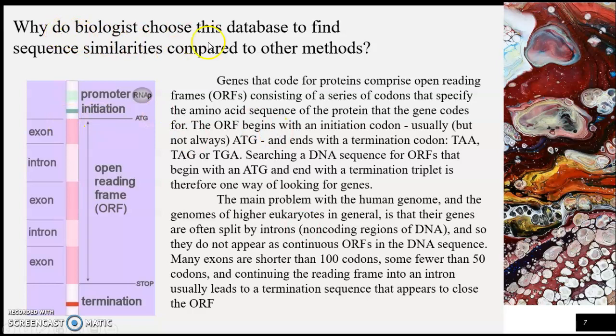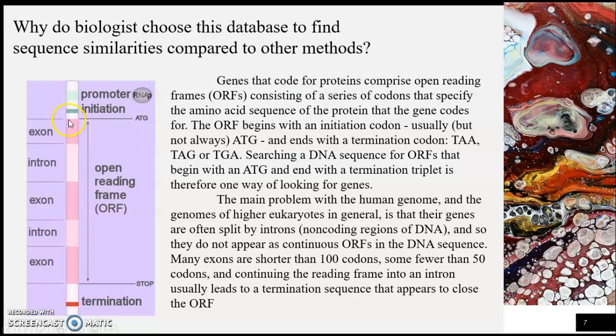So biologists choose this database to find sequence similarities compared to other methods because it's hard to determine what part of this DNA is exon or intron, especially in animals. But we know based on sequencing alignment that there's always a start codon and a stopping codon for an exon.